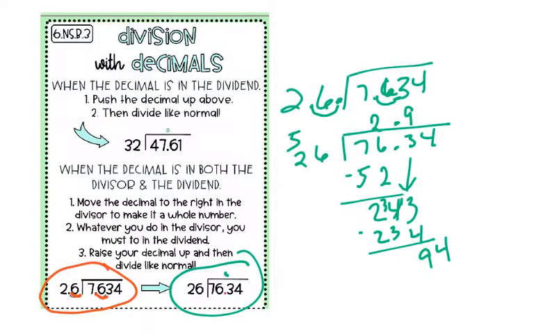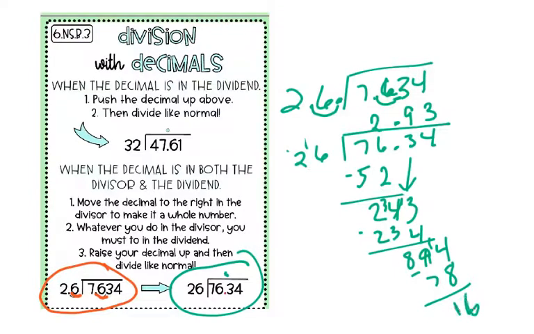So then you're going to say, how many times will 26 go into 94? I hope you think 3. 3 times 6 is 18. Regroup my 1. I should have got rid of that 5. 3 times 2 is 6 plus 1 is 7. I'm going to subtract.